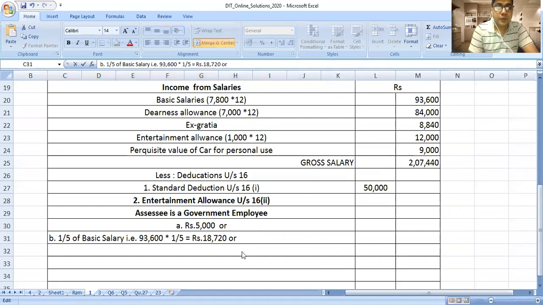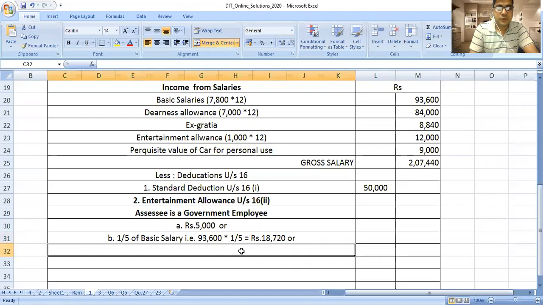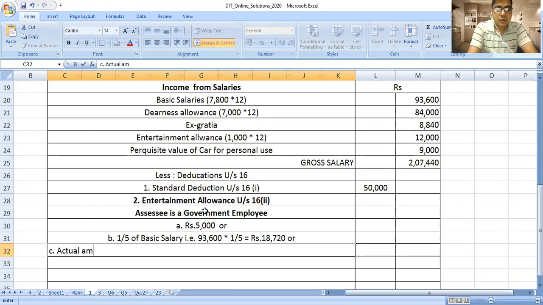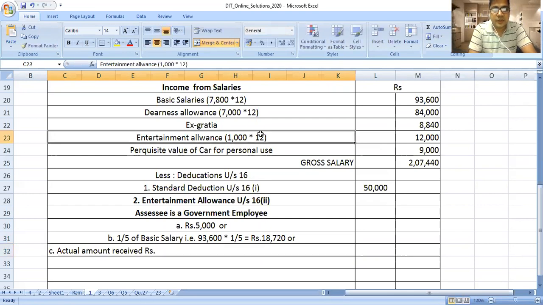Good. Then C, the actual amount received. How much amount was received as entertainment allowance?